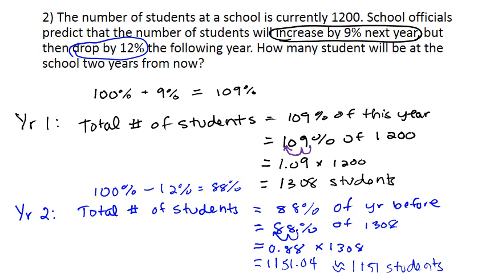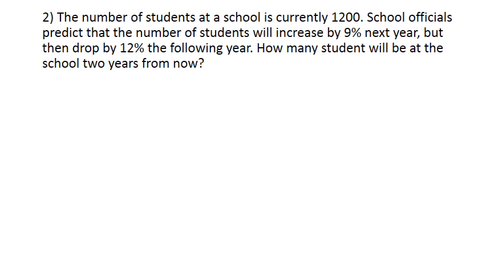There's one more way we could do it. This last way kind of combines what we've done in the previous 2 methods all into one. So an increase of 9% means the number of students next year will be our 100% plus 9%, or 109% of this year. So that's this year.